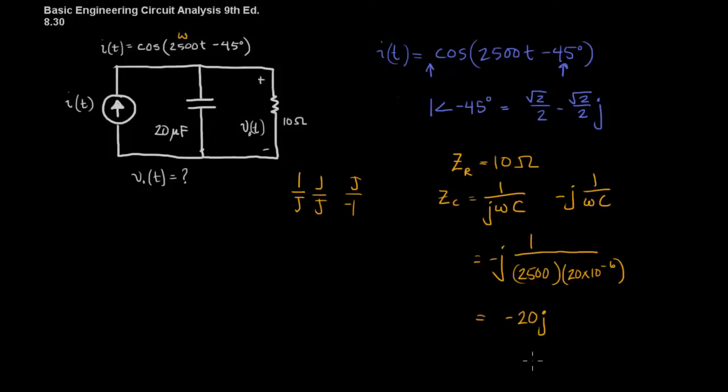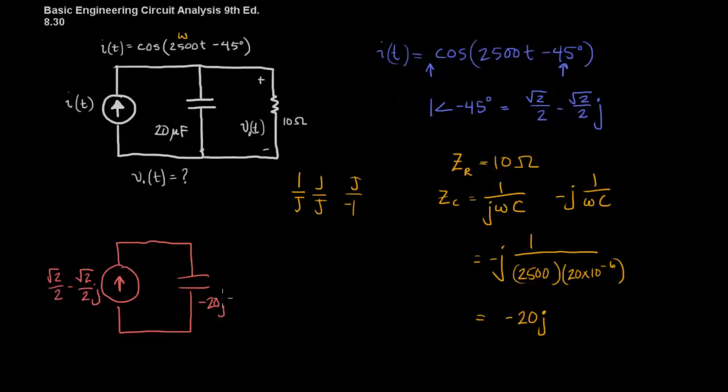Okay, so now we have our impedances, and we have our phasor, so we can redraw the circuit in the frequency domain. So I'll redraw it here. This is the square root of 2 over 2 minus the square root of 2 over 2 j. This is minus 20j. And this is 10 ohms. Remember that this is also in ohms.